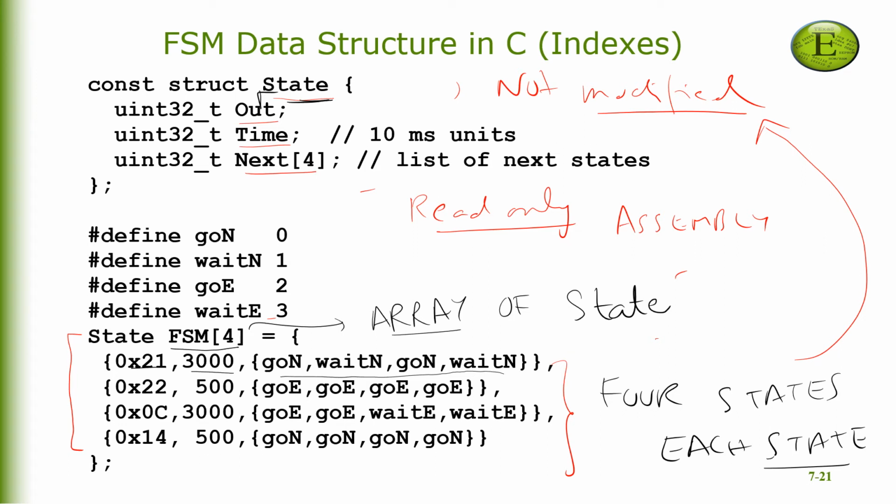So we know that the first state corresponds to the first state of this array, in an order described in the table a few slides ago, was GoN.